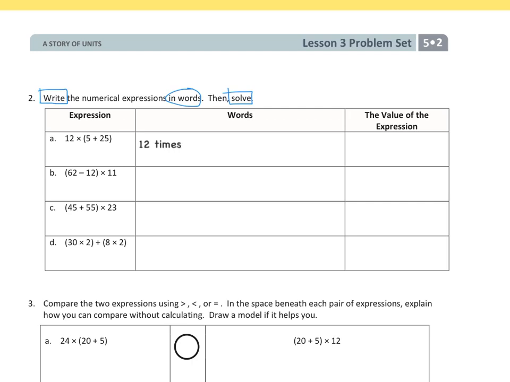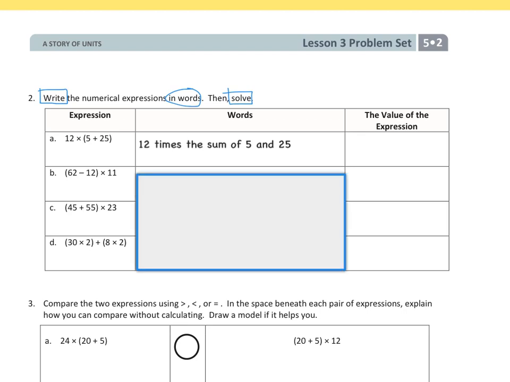We're not going to say 12 times 5 plus 25. We're going to say 12 times the sum of 5 and 25. Notice I didn't say the sum, oops, forgot the word of. The sum of 5 and 25. That's our numerical expression using words for number 2a.